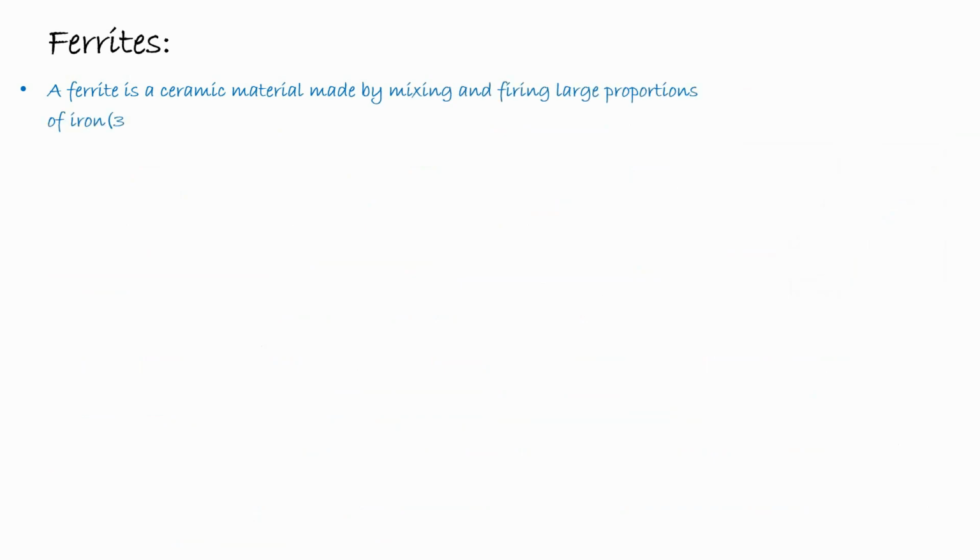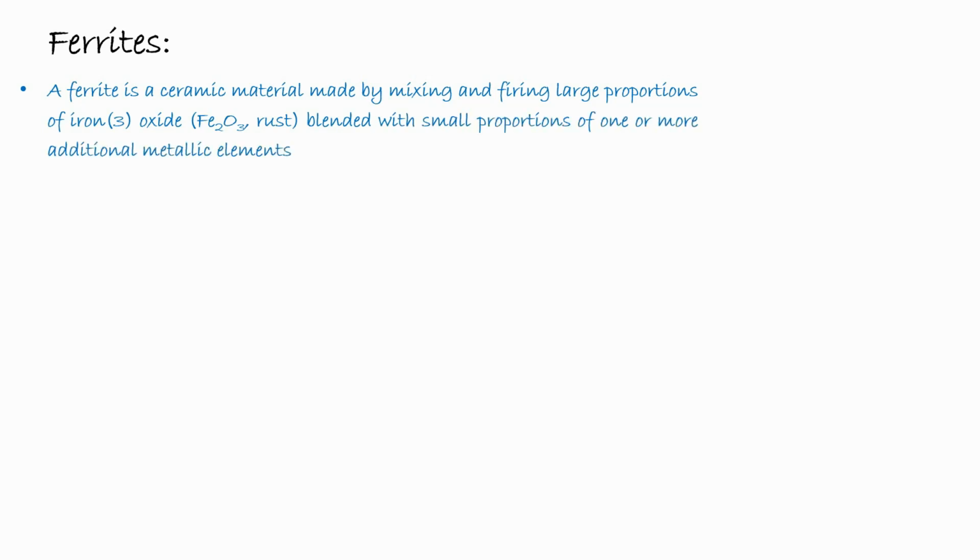There is another term that is called the ferrite. Ferrite is a ceramic material made by mixing and firing a large proportion of iron oxide, that is Fe2O3, rust, blended with a small proportion of one or more additional metallic elements such as barium, manganese, nickel, and zinc.